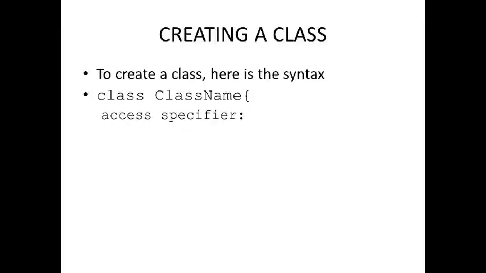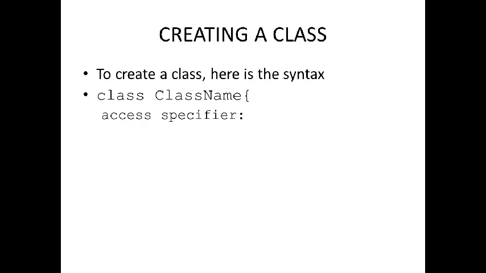Then after that, there's what we call the access specifier. Access specifier is a way of declaring how the attributes and the methods of a class can be accessed.